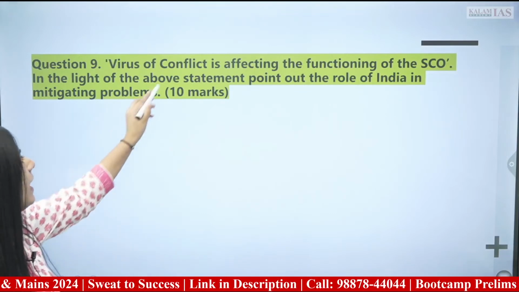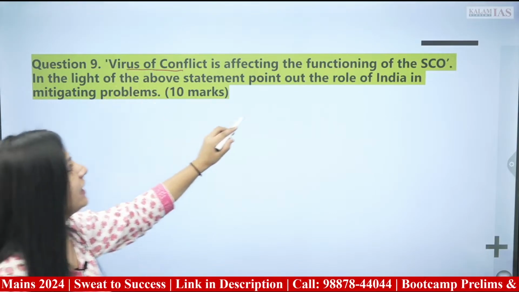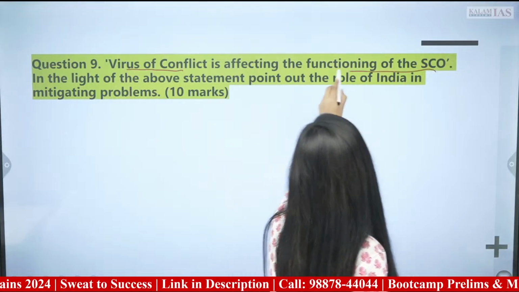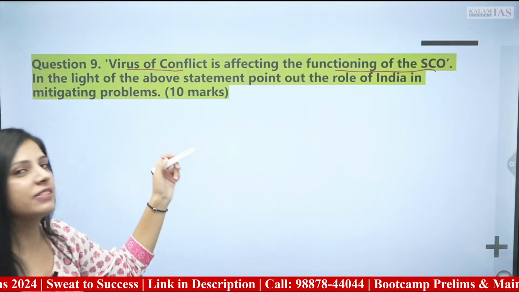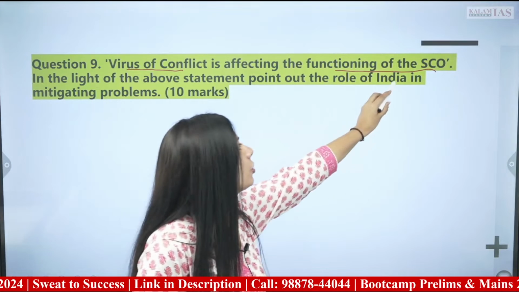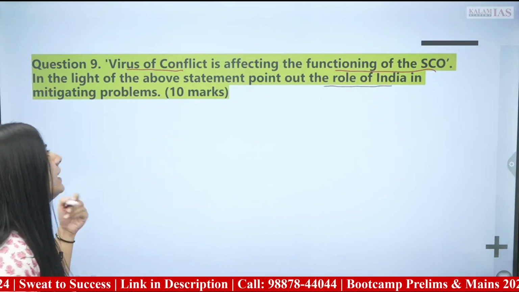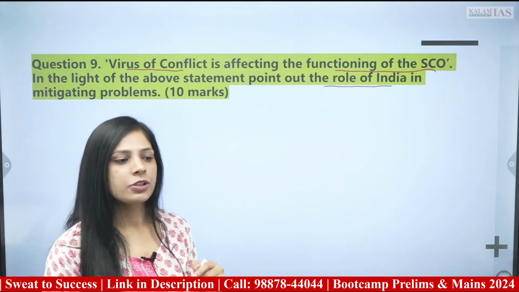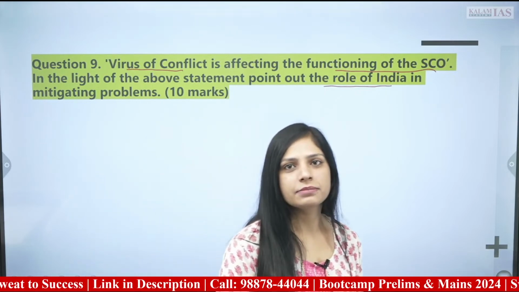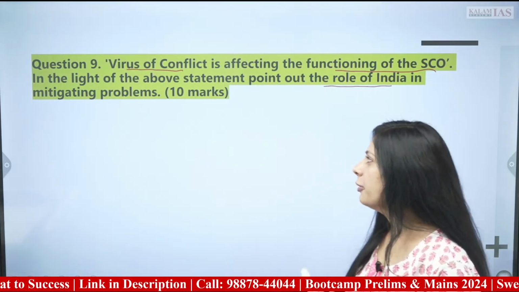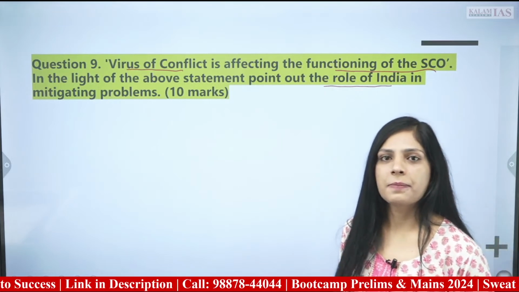The question: virus of conflict is affecting the functioning of SCO. In the light of the above statement, point out the role of India in mitigating problems. So introduce this. How could you write the introduction?